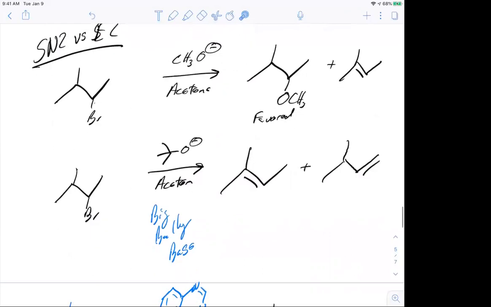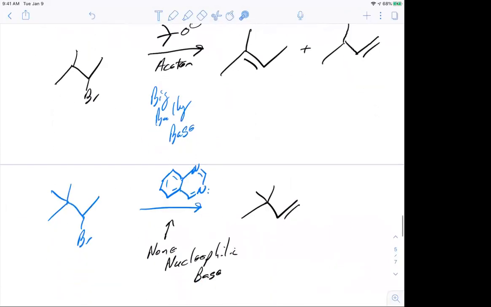If you use a big bulky base, you're going to get E2. And if you use a non-nucleophilic base, you're going to get E2. So you have a little bit more control when you look at substitutions and eliminations. This one's a good one for lots of practice, so I'll try and put some practice up.